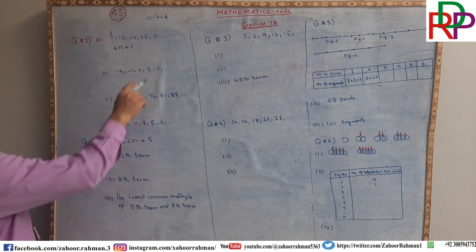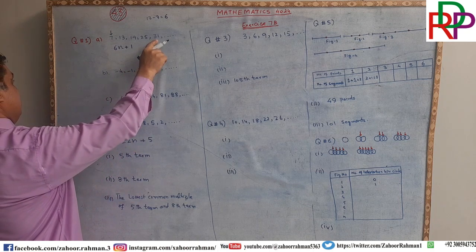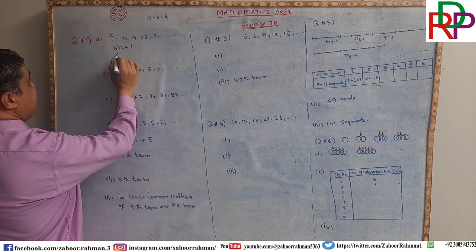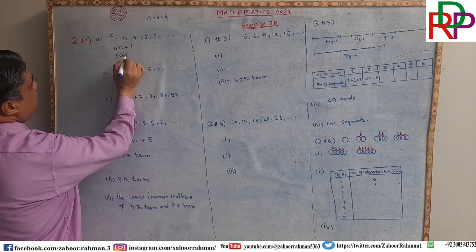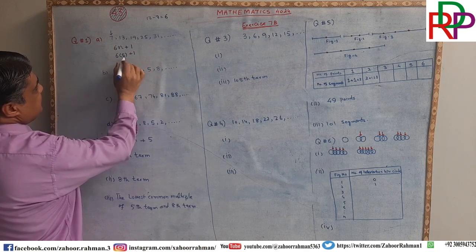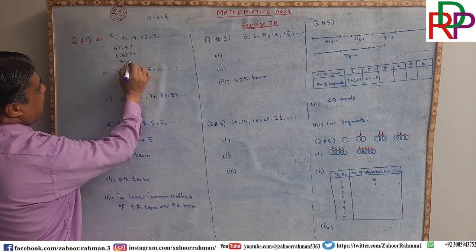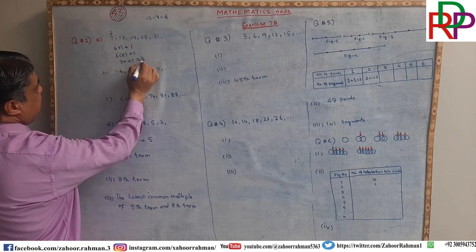Now you can find this term, which is the fifth term. Instead of n, we have to put 5: 6 fives are 30, plus 1 is 31.